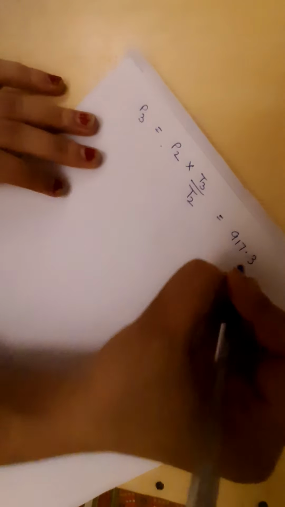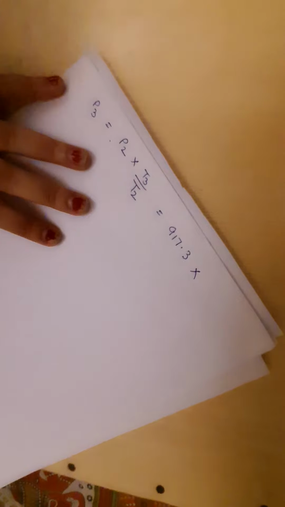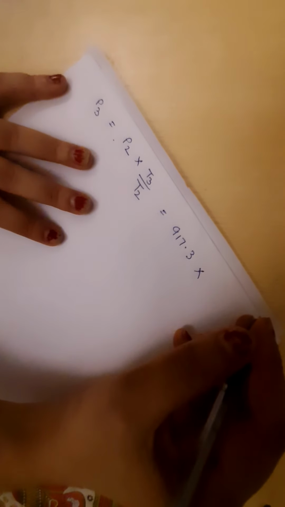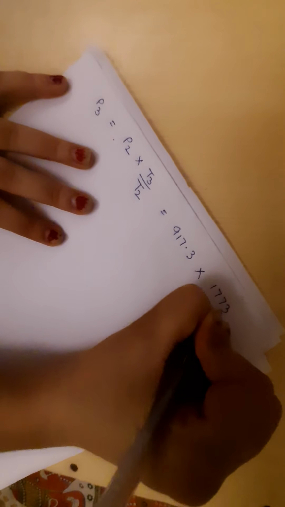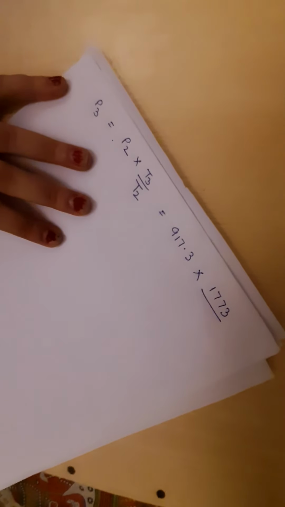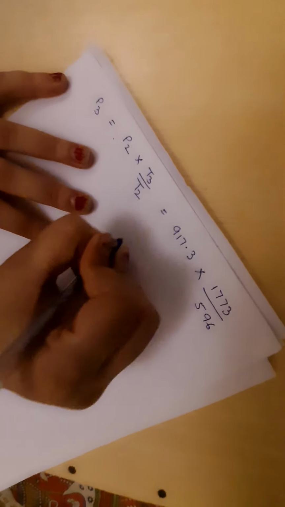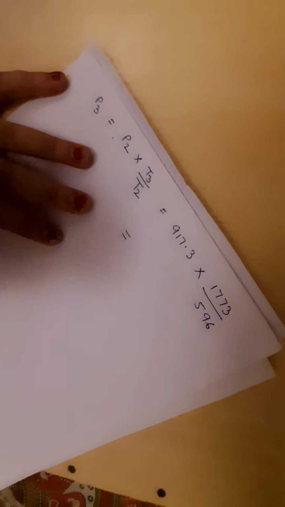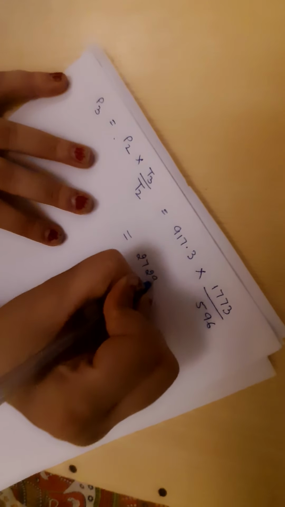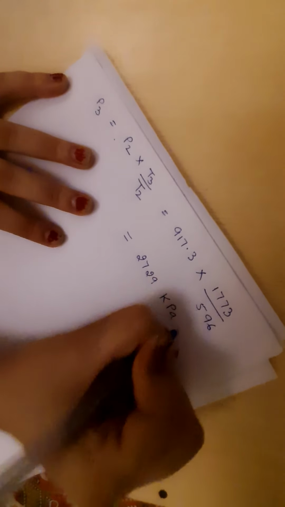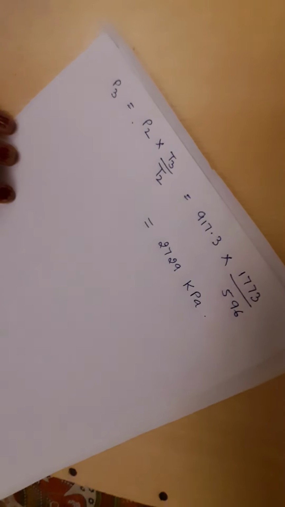We know the value of P2 we have just now calculated. It was 917.3, and then we will put the value of T3, which is already given in the question, that is 1500 plus 273, that was 1773, upon, we have already calculated the value of T2, that is 596 Kelvin. Hence P3 will come to around 2729 kilopascal. Okay, so this is the value of P3.